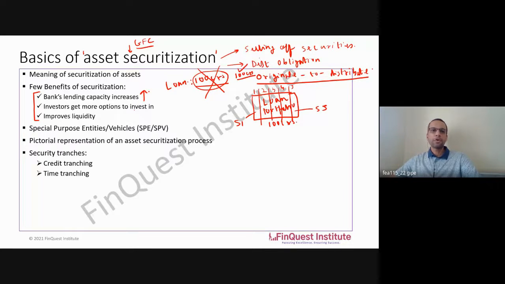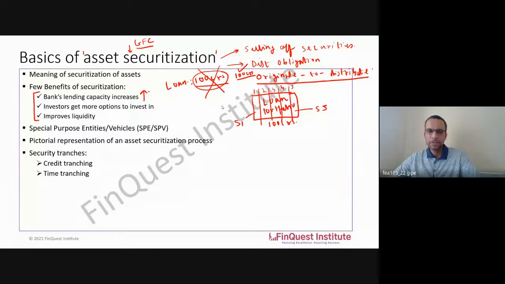Investors also get more opportunities to invest, because let's say a certain bank has a very good quality loan book. Imagine someone like HDFC Limited in India. HDFC Bank or HDFC Limited has a pretty decent loan quality, I would say, compared to the broader market. So maybe as an investor, I may want to take a certain position in that book. Now, I can't do it just like that, isn't it? Because that's a loan portfolio for HDFC Bank. I won't be allowed to take that position.